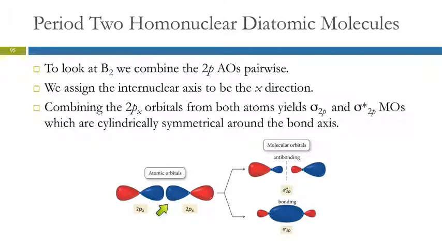If I add these out of phase, if I subtract them, I end up with something like this, where we have this big blank area of node in the middle, and this is an antibonding orbital. Are you okay with that? These are also sigma orbitals, because if you look down the end of these, they're symmetrical around that axis. So this is sigma 2p, and this is sigma star 2p. Okay.